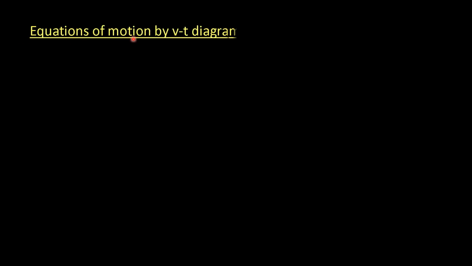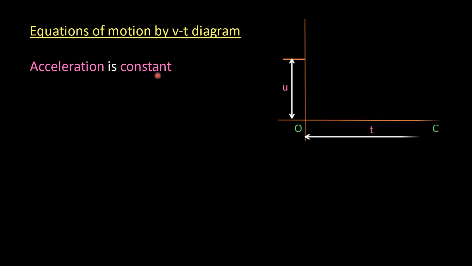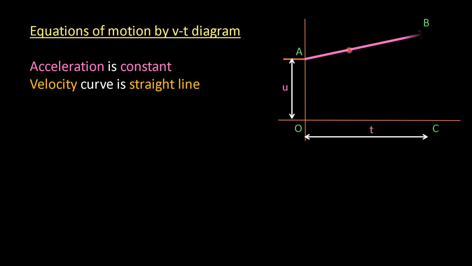We will see how to find equations of motion by velocity time or VT diagram. We are discussing motion of a body with constant acceleration. Therefore, its velocity curve will be a straight line like this, where AO is initial velocity u and BC is final velocity v, and this velocity change from u to v takes place in time interval OC, that is t.